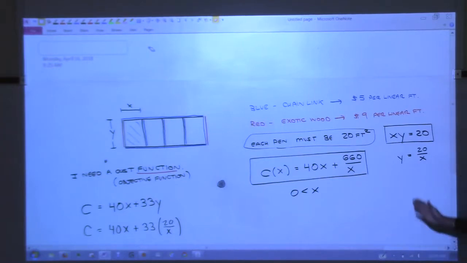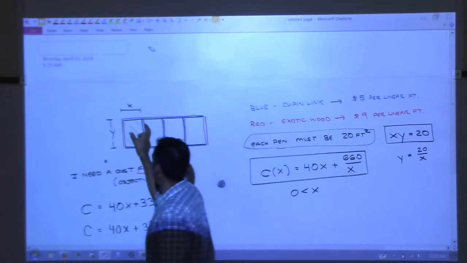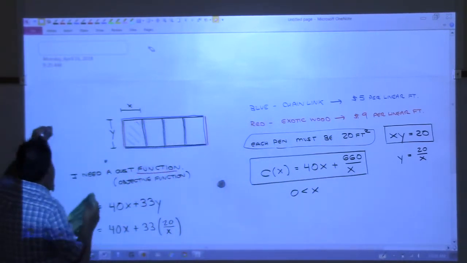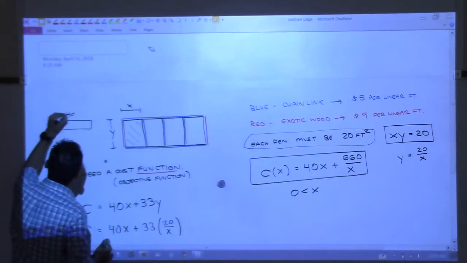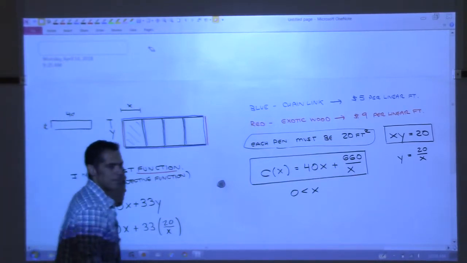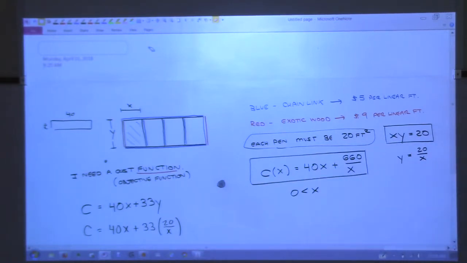And is there any bound as to how big it can be? 20? I could make this, look at this one pen right here. Couldn't I make it 40 feet long and half a foot deep? Wouldn't that still have an area of 20? Now, of course, the animal, I'm putting baby chickies in here.